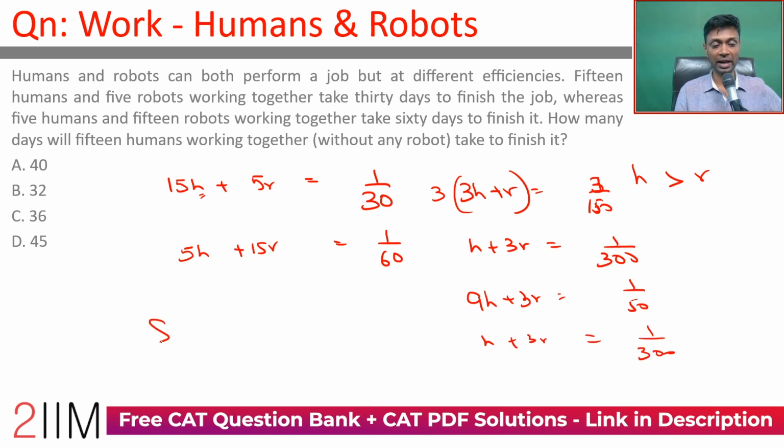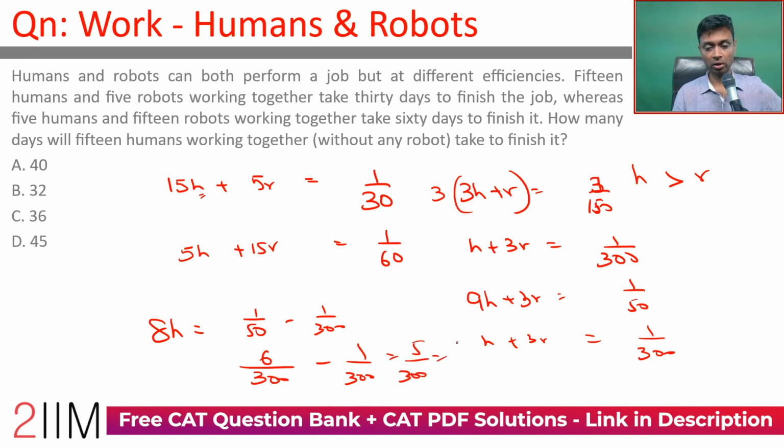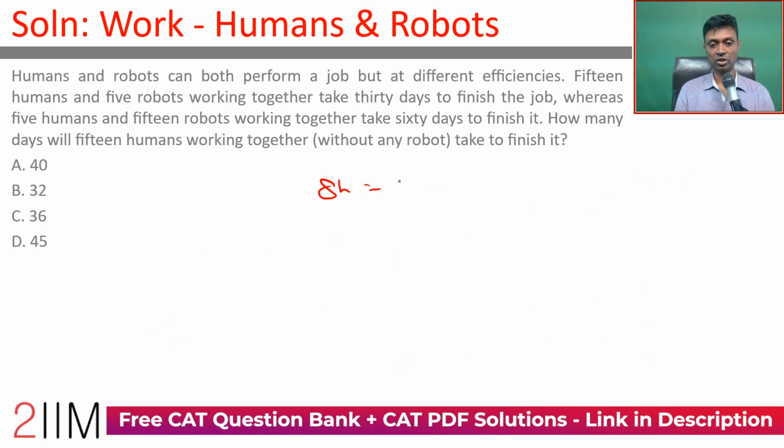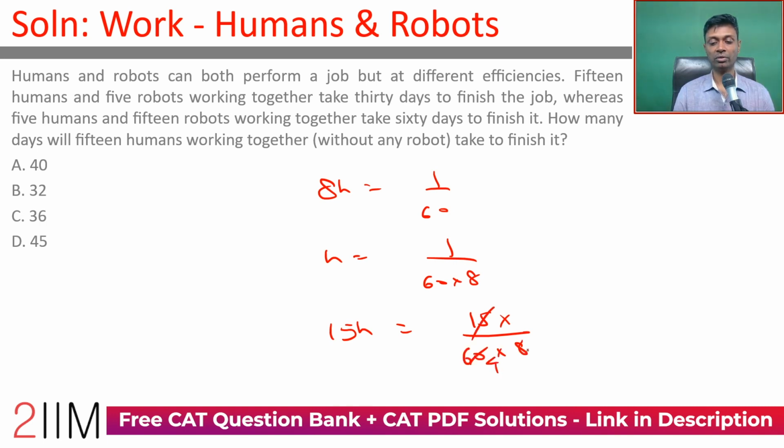Subtract this, 8 times h is 1 by 50 minus 1 by 300, or 6 by 300 minus 1 by 300, which is 5 by 300 or 1 by 60. 8h equals 1 by 60. h equals 1 by 60 into 8. 15 times h is 15 by 60 into 8, which is 1 by 4 or 1 by 32.